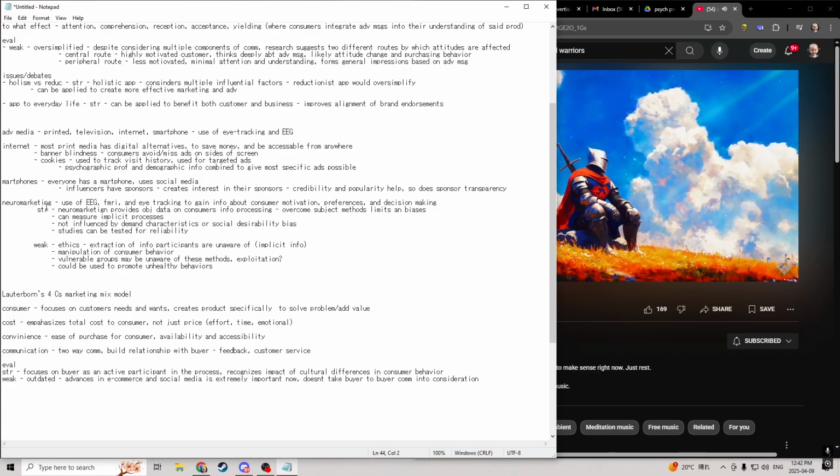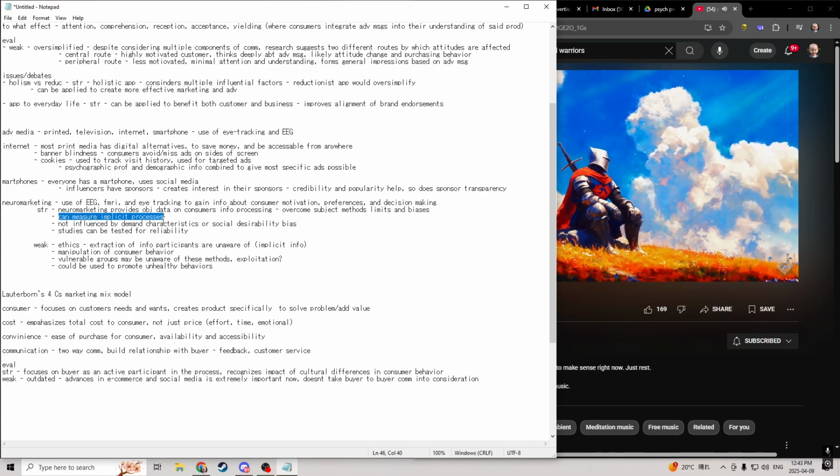And then finally, we have neuromarketing. Neuromarketing is the use of EEGs, fMRI, and eye tracking to gain info about consumer motivation, preferences, and decision making. A strength is that neuromarketing provides objective data on consumers' information processing, and this helps to overcome subjective methods' limits and biases.